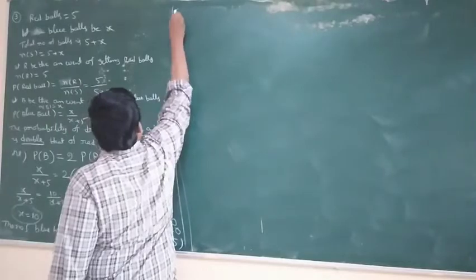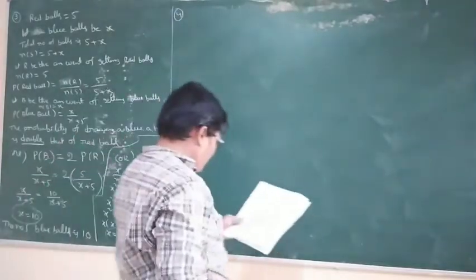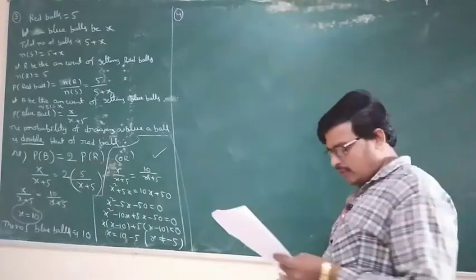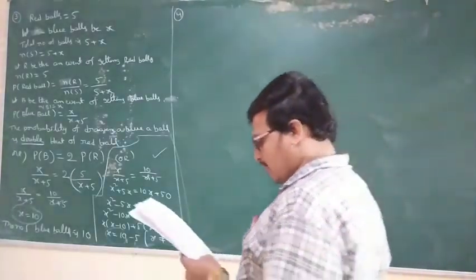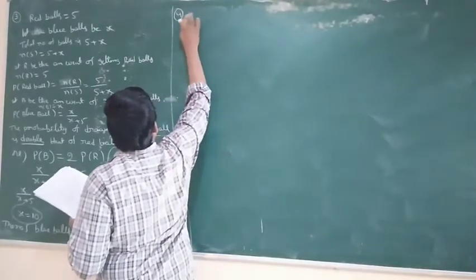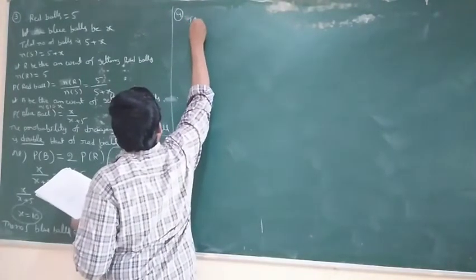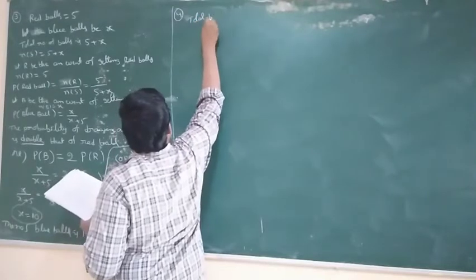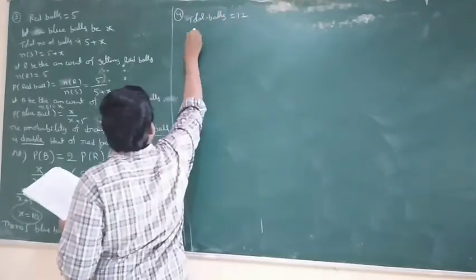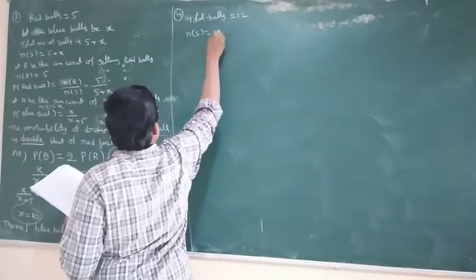Next, problem number 4. A box contains 12 balls. Total balls equal to 12, n of S is equal to 12.